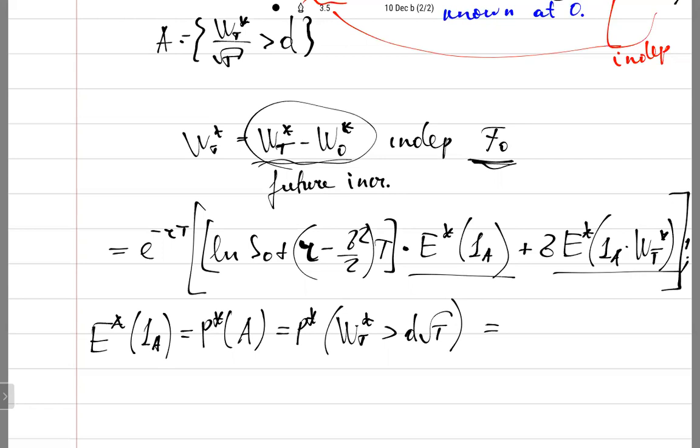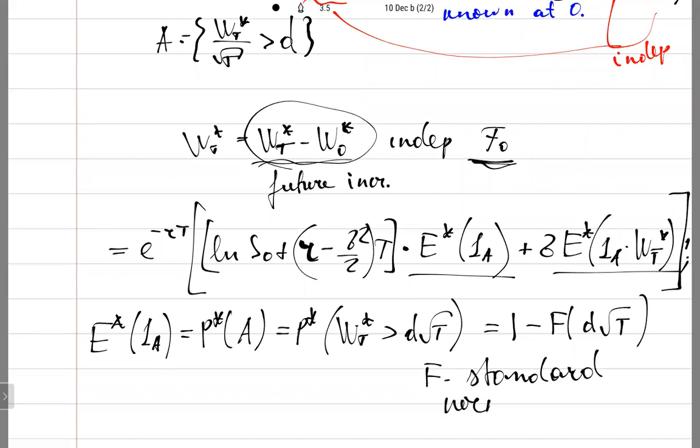I will use the CDF, just 1 minus F, where F is the standard normal CDF. Or equivalently, I may write F of minus d square root of T.